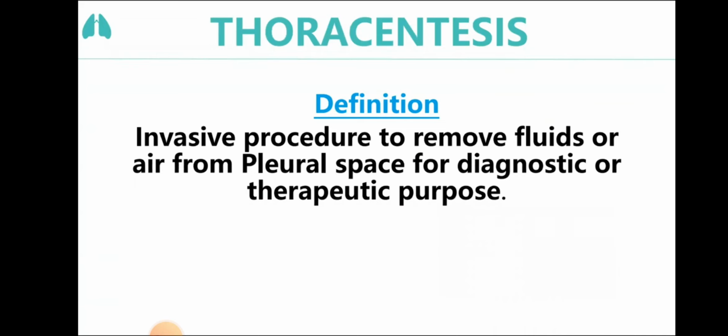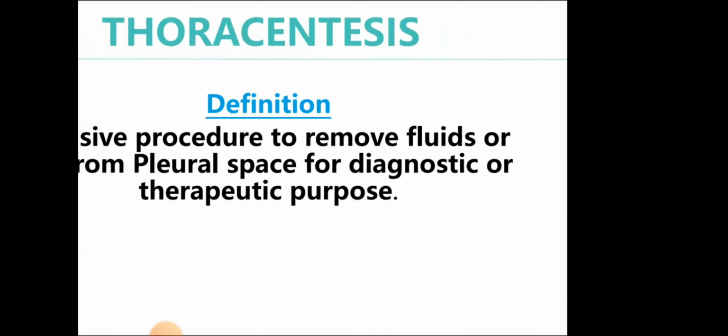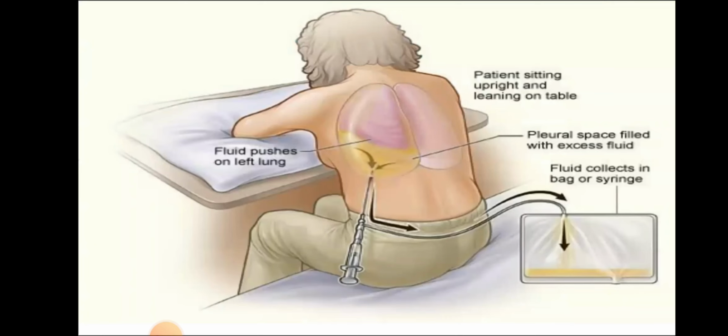It can be done for diagnostic or therapeutic purposes. The procedure is indicated in cases of pleural effusion, empyema, etc. In patients who are non-cooperative and patients with coagulation disorders, this procedure is contraindicated.